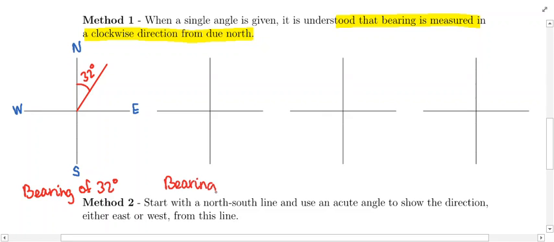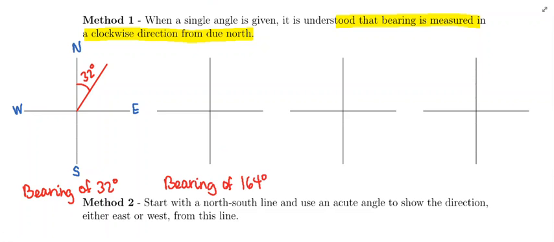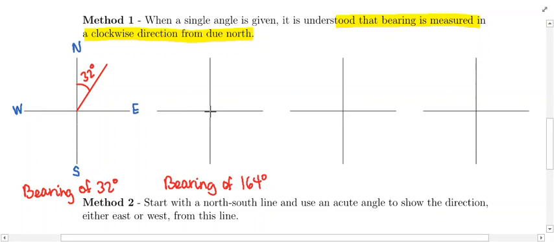Next, let's do a bearing of 164 degrees. Same thing: you're going to align yourself with due north, and then from due north, you have to rotate clockwise by 164 degrees. So here's 90 degrees, and this would be 180. So you've gone too far.